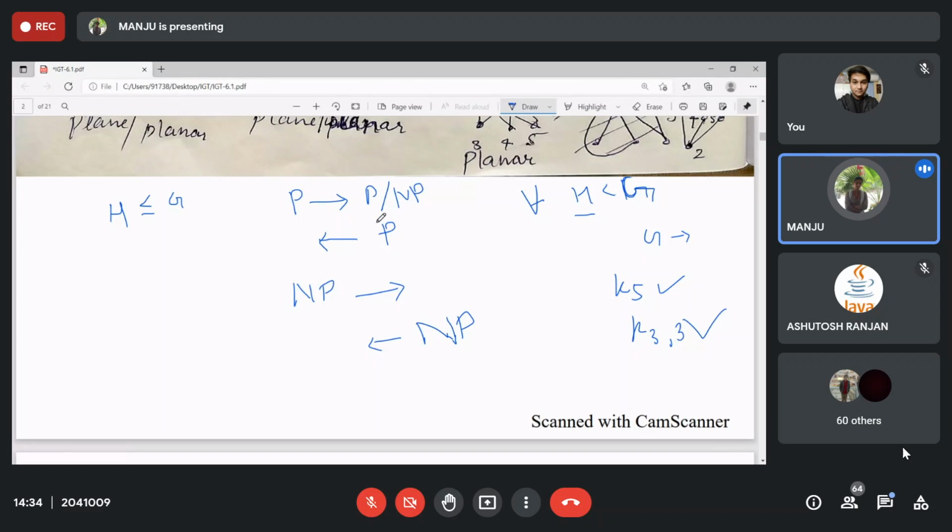Regarding the second statement, every subgraph of a planar graph is planar.